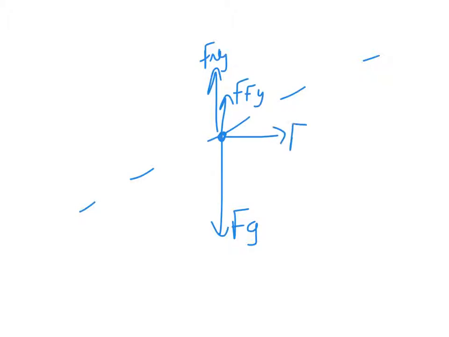Going to the right we had frictional force in the x, and going to the left we had Fnx, the normal force x component. We know that the acceleration is in the direction of the center of the circle. Again, center is over here.